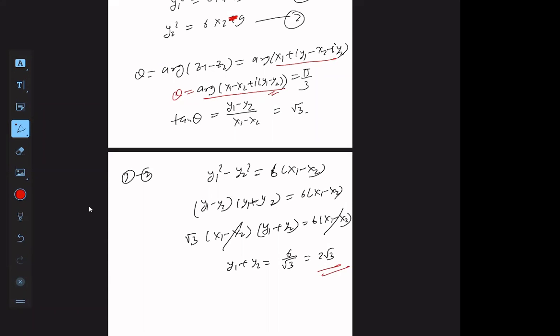So remember these two locus, you will study in 12th class. So you write somewhere at the end, remember the locus of ellipse and hyperbola in terms of complex number in 12th. So in 12th you have to remember it because that is an important point.